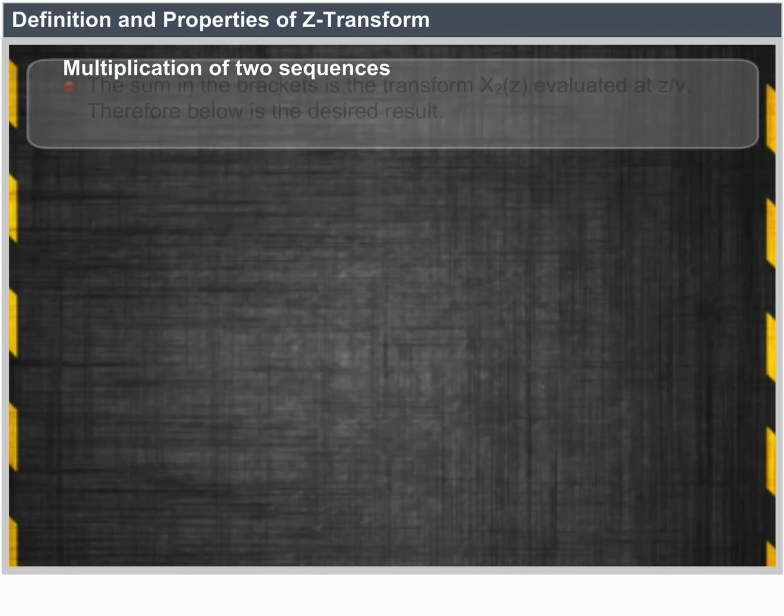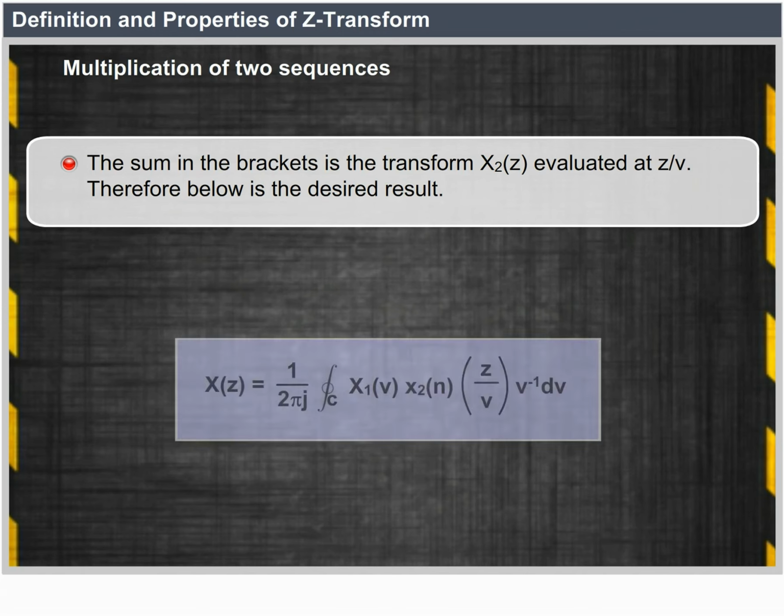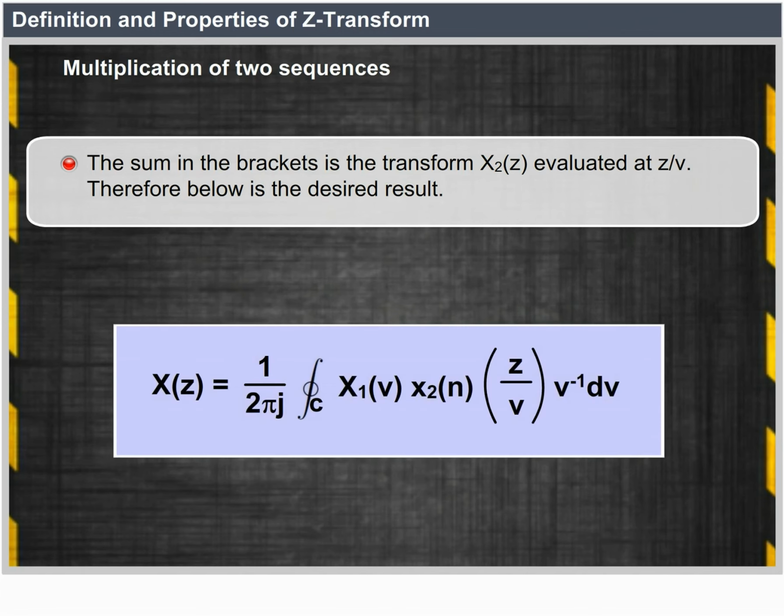The sum in the brackets is the transform X2(z) evaluated at z by v. Therefore, we get the desired result. X(z) equal to 1 divided by 2 pi j closed integral X1(v) into X2(z by v) into v power minus 1 into dv.